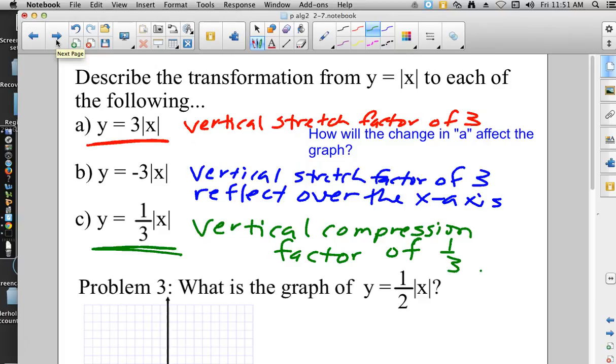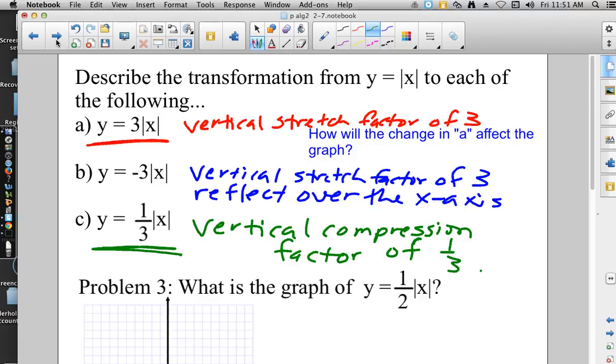That makes perfect sense if you think about slope. This one's going to be skinnier because instead of going up 1 and over 1, we're going to go up 3 and over 1. This one's going to go down 3 and over 1. It'll go down. This one's going to go up 1 and over 3. Yeah, that's going to stretch it. That's going to hold it down.